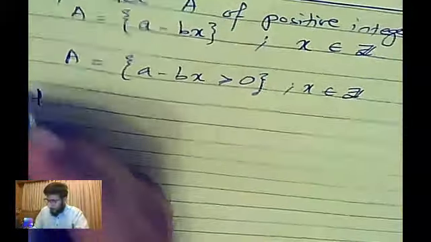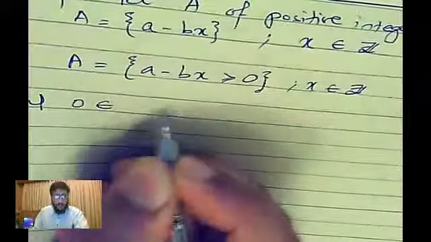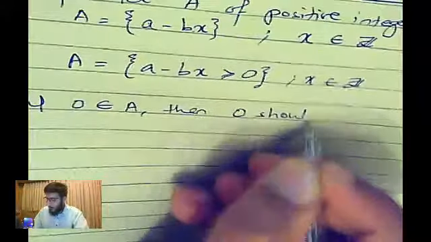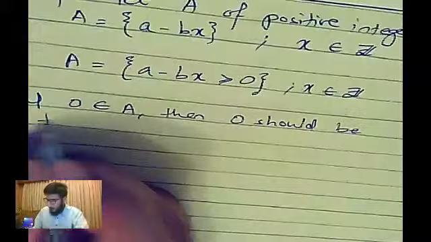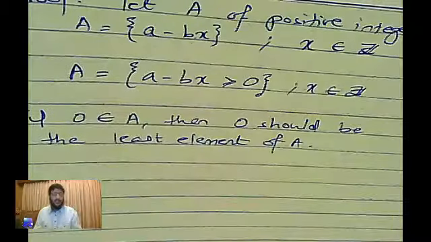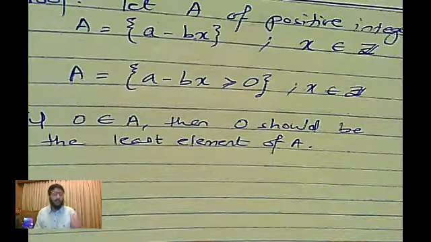Now if 0 belongs in the set of A, then 0 should be the least number. If 0 belongs in A, then there is no positive integer below 0.